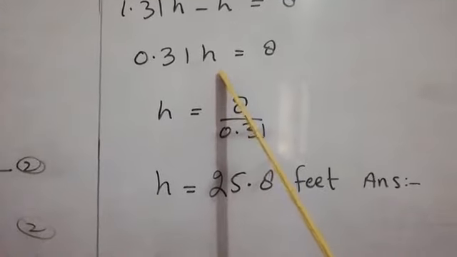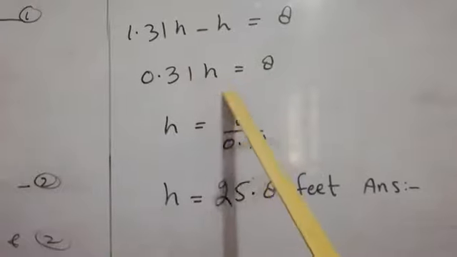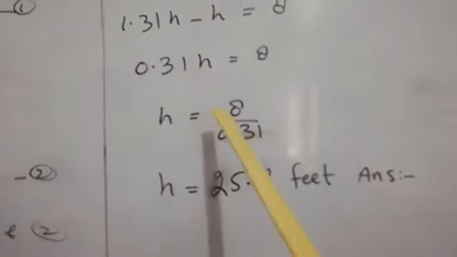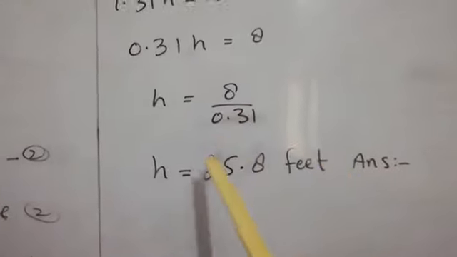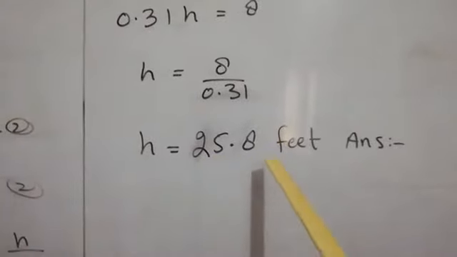According to the question, our destination is to find the value of H, so we divide 8 by 0.31, and with the calculator we get H equals 25.8 feet.